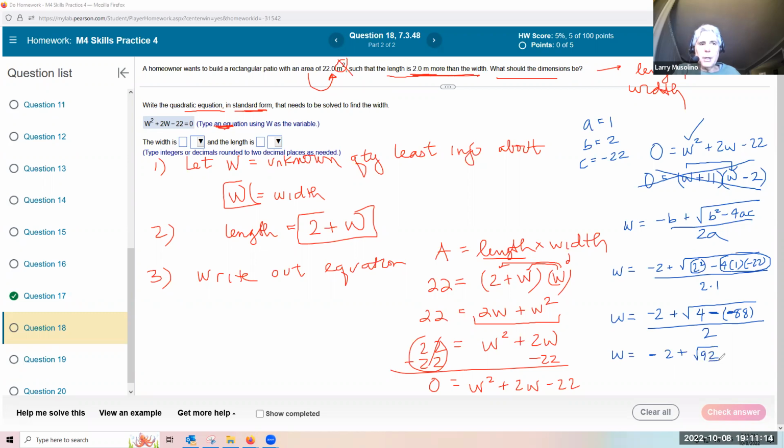So this is negative 2 plus the square root of 92, divided by 2. And if I do that, I'm getting 3.7958. And I'm noticing it says type round to 2 decimal places. So I think our answer is going to round to 3.80.